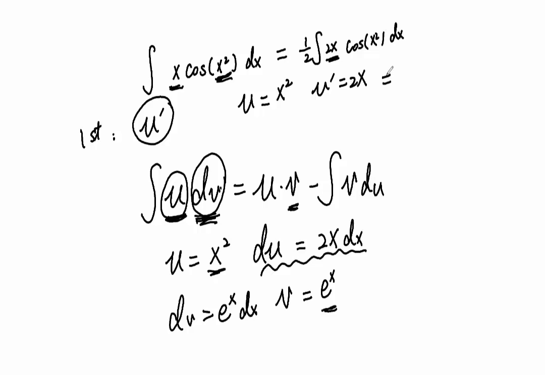Now what is the integral of cosine? Yeah, it's sine. I always forget. So the integral of cosine is sine. So that's going to be half sine x squared plus c.